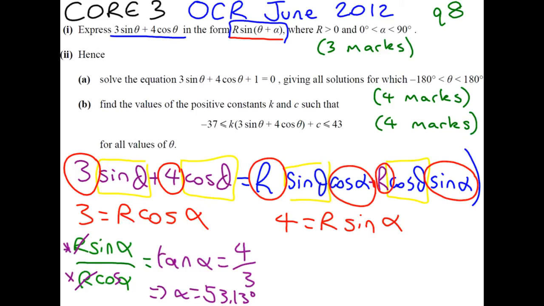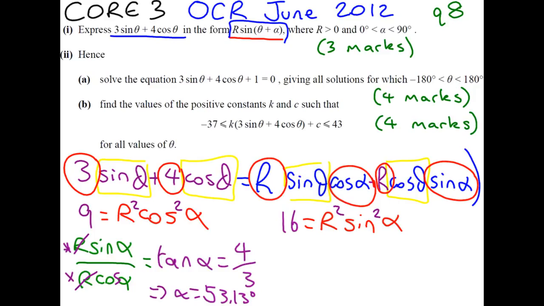The trick for finding r is by thinking about squaring this whole equation. So we get 3 squared, which is 9, equals r squared cos squared alpha. And squaring the other equation, we get 16 equals r squared sine squared alpha.